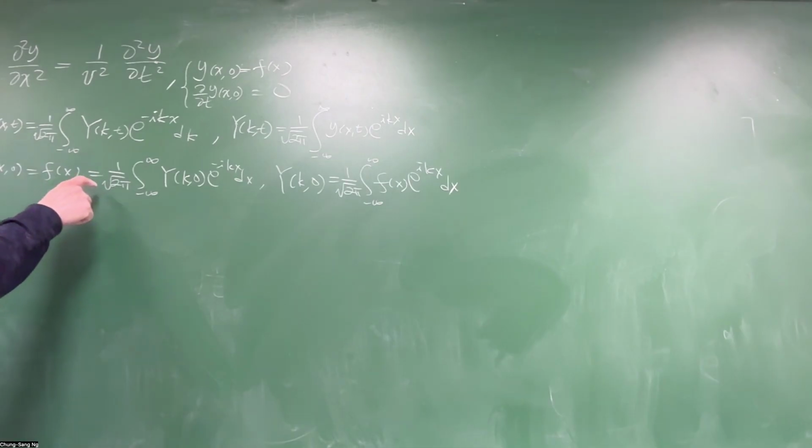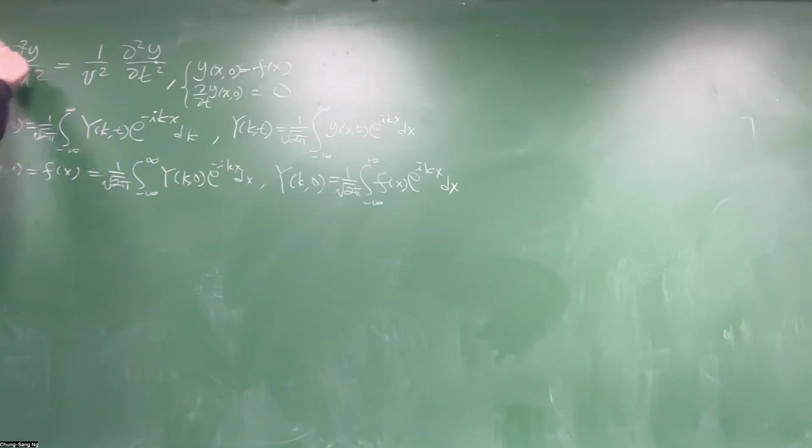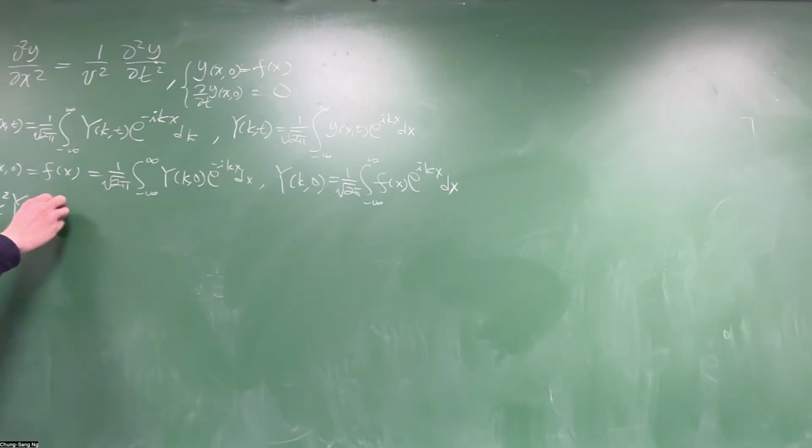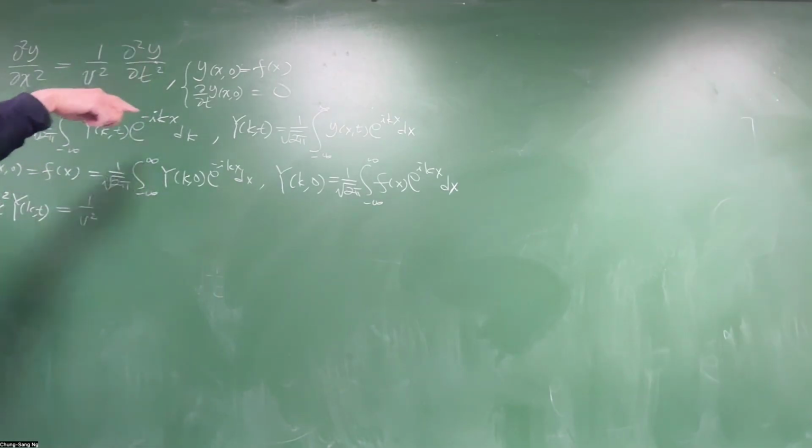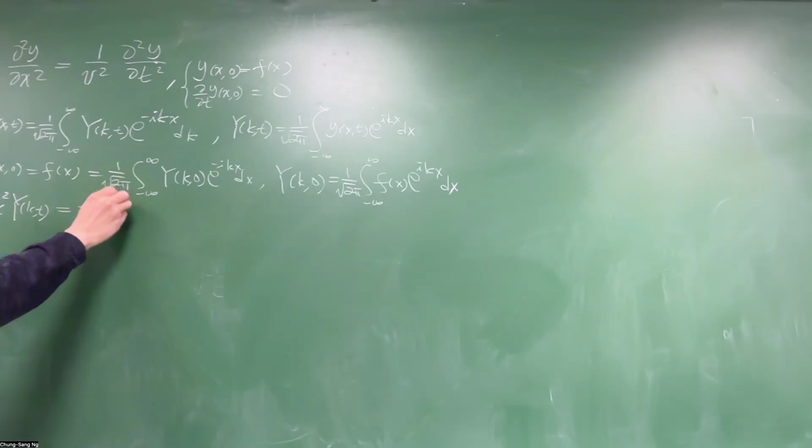So going through the process, look at that as taking the Fourier transform of the equation, and then use the property of the Fourier transform. The transform will put a minus k squared on the right hand side, minus k squared Y. On the left hand side, the derivative doesn't change.